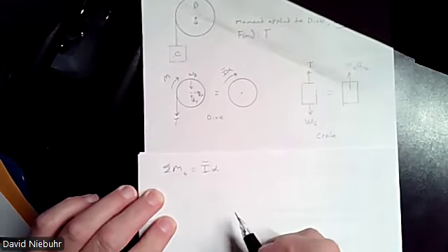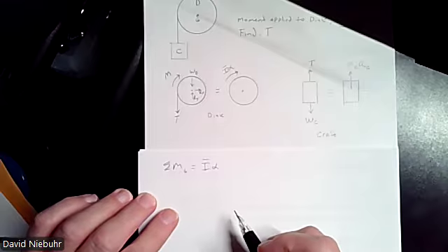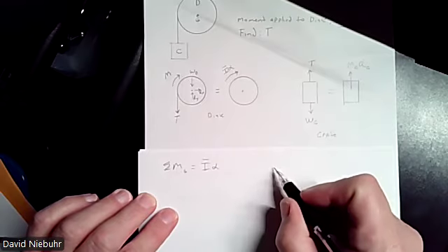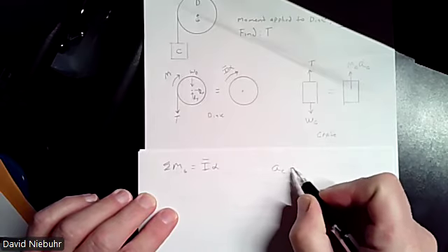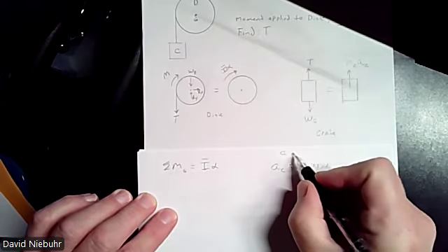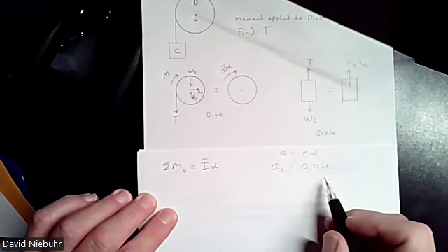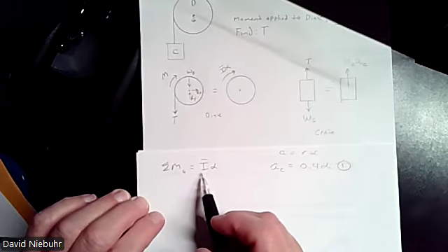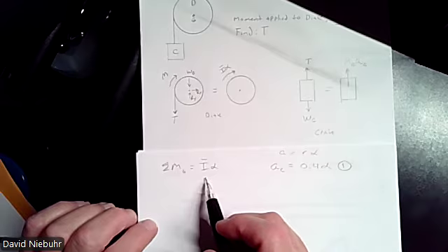Knowing also that the acceleration of C is going to equal 0.4 alpha, because if not slipping, then we know a equals R alpha. So we have that relationship, and that's going to be our first equation.